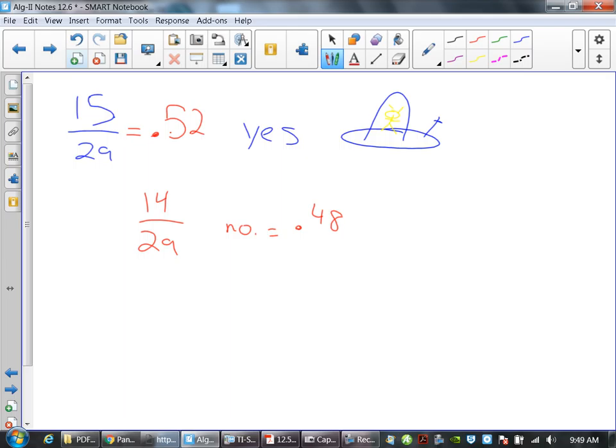All right. Now, I wanted to look at the idea that when you're looking at binomial distributions, it's a yes or no question. This is where you start to do selections, and you're going to see the words exactly, or at most, at least.